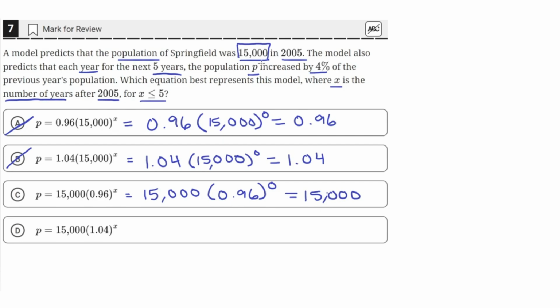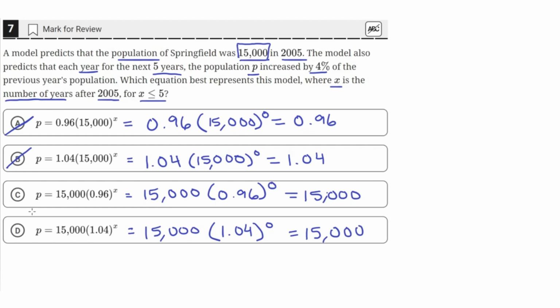We want the initial population to be 15,000 when the year is 0, or x is equal to 0. And then the same case with answer choice D. 15,000 times 1.04 raised to the 0th power is equal to 15,000 again, since 1.04 raised to the 0 is just 1.